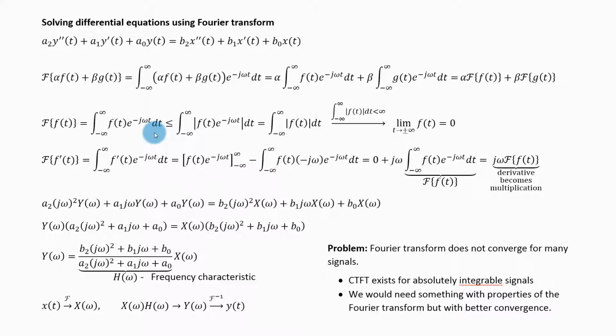We can do some tricks with Dirac delta functions, but this has limited usability and it will not get you a spectrum of a real exponential or a polynomial. So overall, we like this idea that turns the differential equation into an algebraic equation and filtering in the spectral domain, but we would need to improve the Fourier transform so that it would have no problem converging for basic signals like sine, cosine, or exponentials. How do we do that?